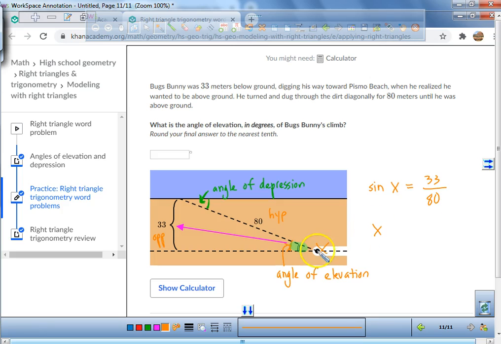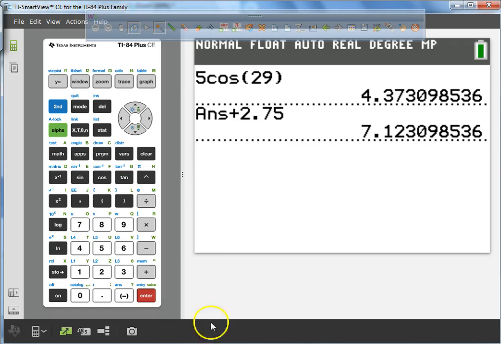So if I wanted to find out what this angle x is, that's going to be the inverse of sine of 33 over 80. So right now, I'm going to go ahead and do the inverse of sine and do 33 over 80.